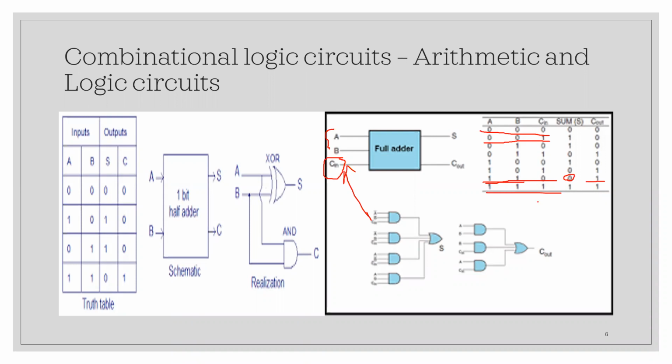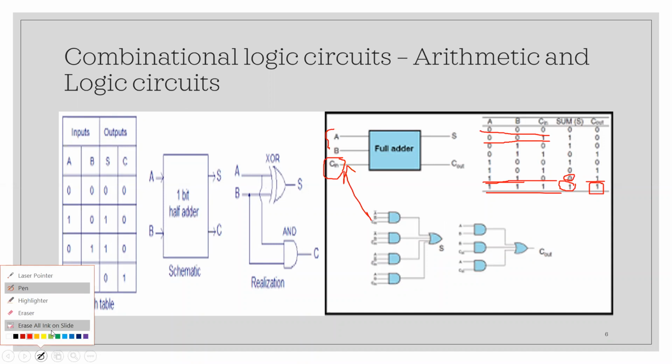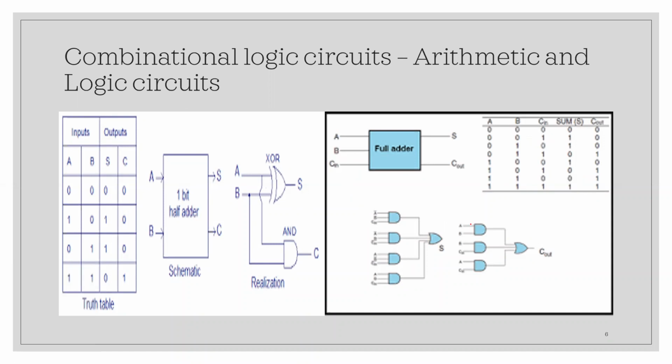The last one, when I consider all are 1, it is 1 plus 1 plus 1, which in decimal form is equivalent to 3, which is represented as 1 1. In this case the first digit represents the sum and the last digit represents the carry. I hope you remember these things, because these are what you will be implementing in your first set of Verilog experiments.